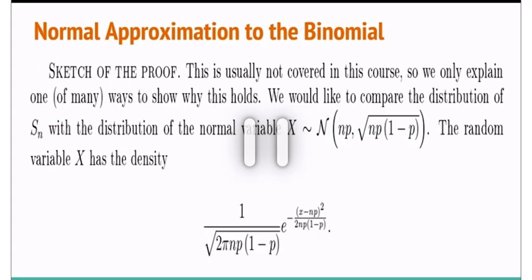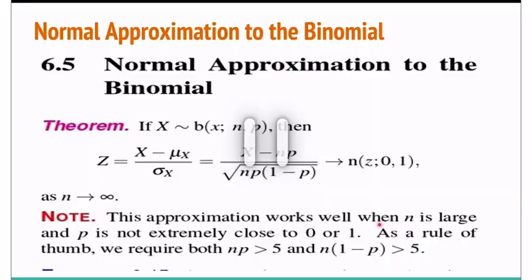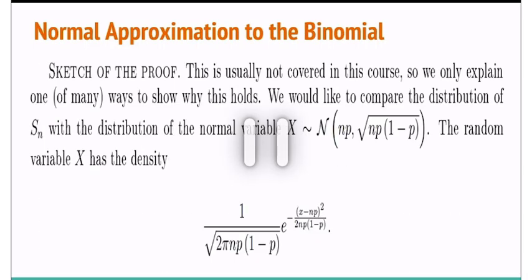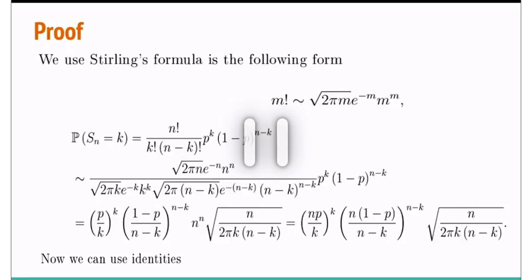Now, I think I was showing you this proof the other time. Mathematically speaking, this is how they were able to prove that we can go from the binomial to a normal distribution using Stirling's formula. I think I showed you this last week. We started from the binomial here, using the fact that n factorial is equal to that.